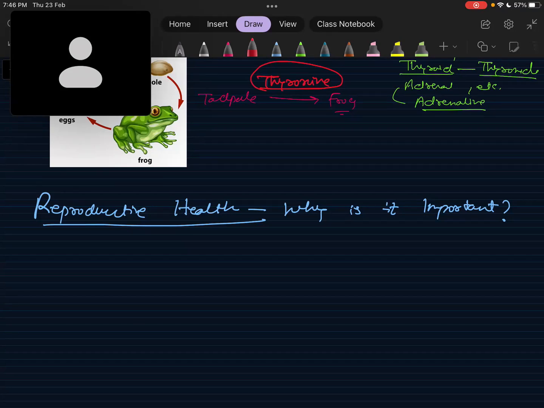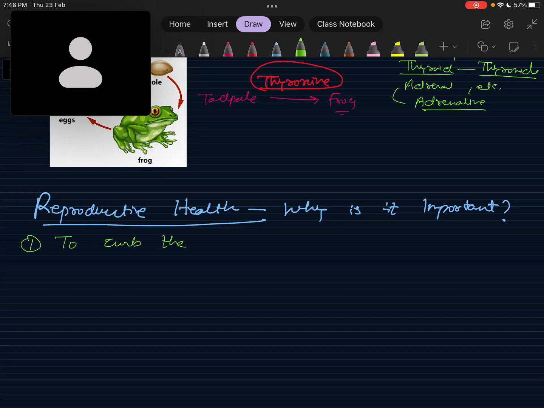Why are we talking about health during reproduction? Reproductive health is being considered here to curb the problem of increasing population.